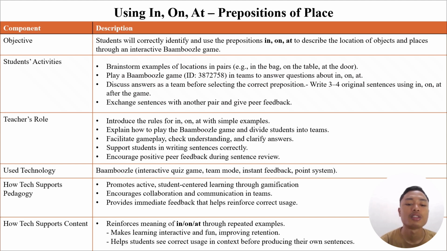Instead of only doing worksheets, students learn through game-based tasks, which increase engagement and focus. Okay, the last point is shows correct usage in real context. Students see how prepositions are used in full sentences before creating their own, helping them produce more accurate language.